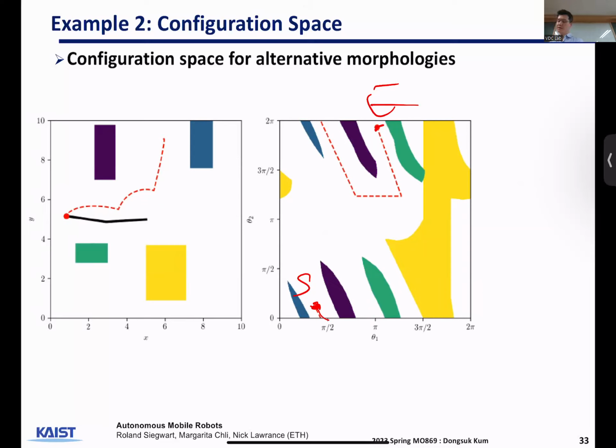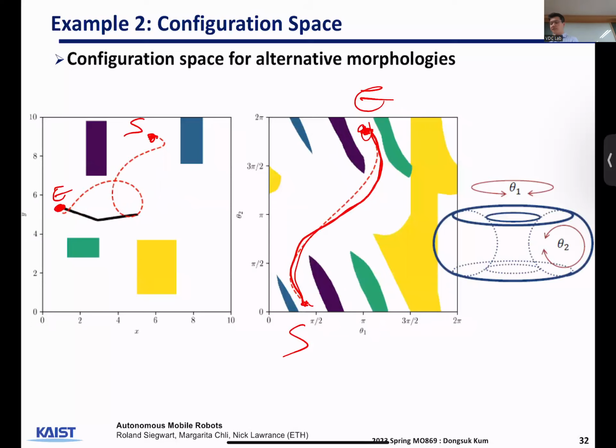So we can go the other way around, in this direction and then this direction. That's another solution we can find from this configuration space, and that results in this solution, which is somewhat different from this solution.